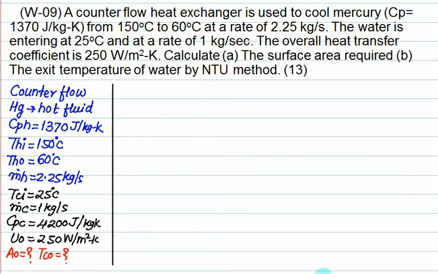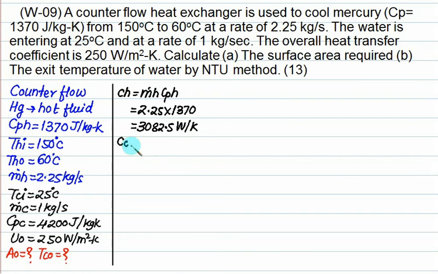In this case, let's first find out CH. CH equals m dot H into CPH, and CPH is 1370, so CH is 3082. CC is m dot C into CPC.